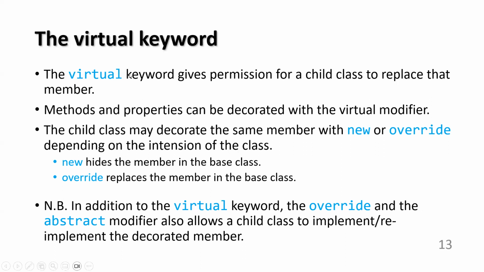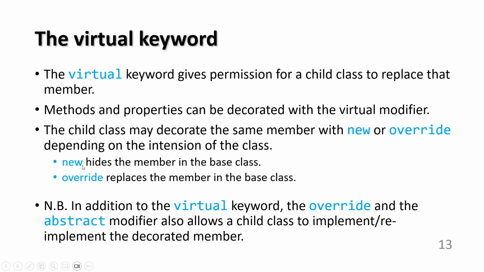It says that the virtual keyword gives permission for a child class to replace that member. Methods and properties can be decorated with the virtual modifier. The child class may decorate the same member with new or override depending on the intention of the class.